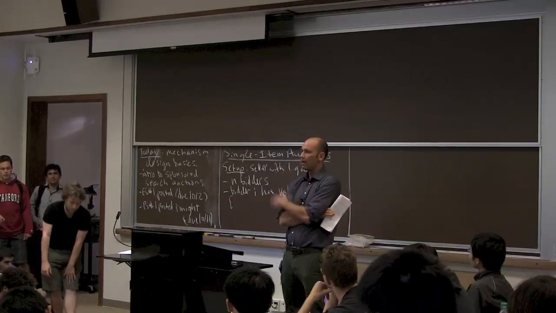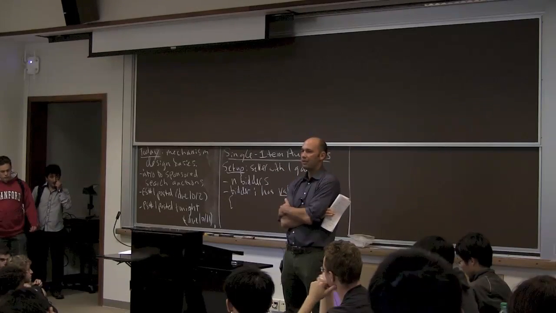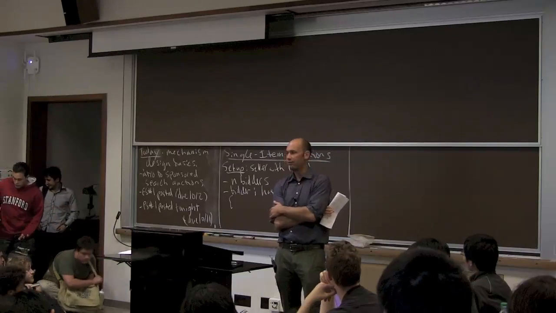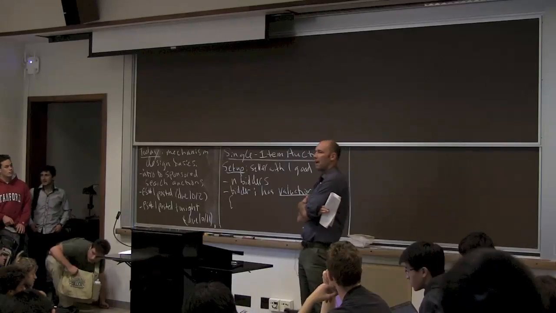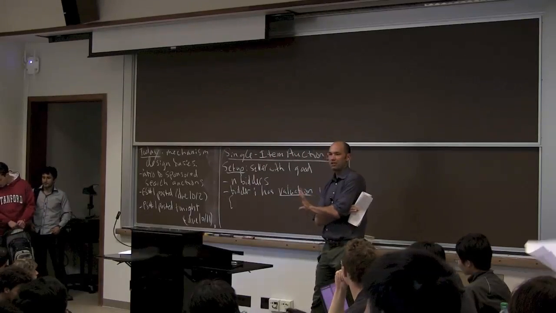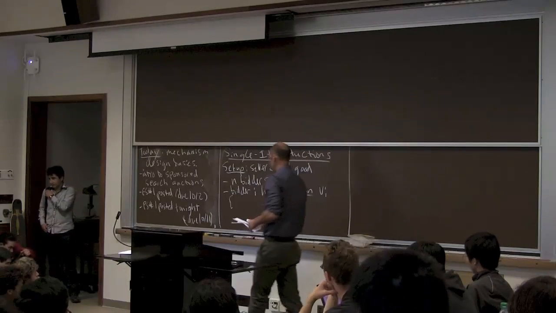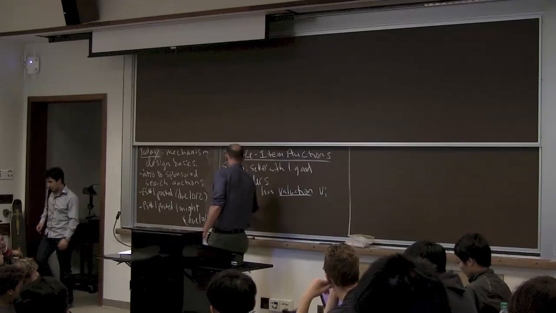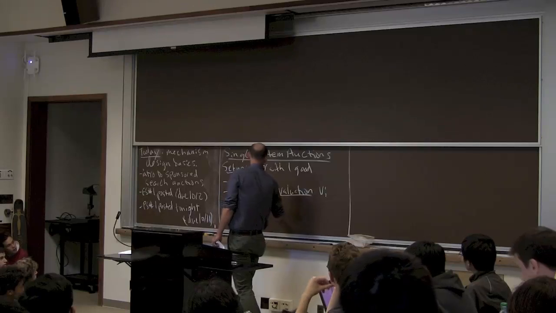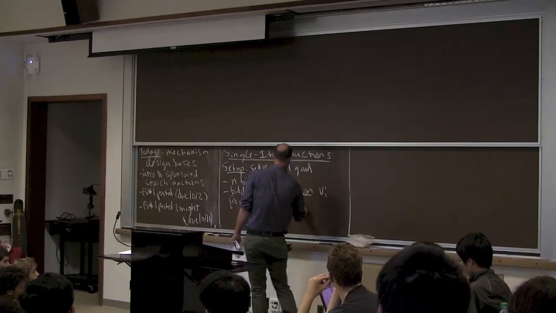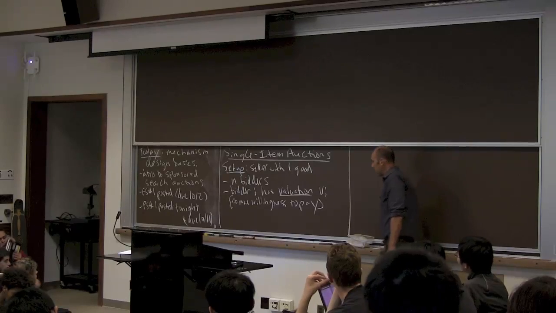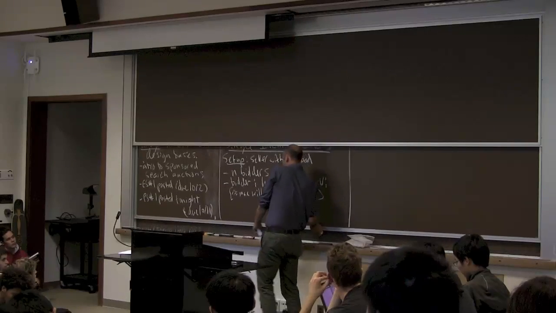So maybe for my iPhone 4S, there's some bidder out there, and it's willing to pay up to $90 for my iPhone 4S. Of course, subject to buying it, it wants to get it as cheaply as possible, but it doesn't want it at all if the price is bigger than its valuation. In this example, $90. So that's a valuation, how much you're willing to pay for the item.